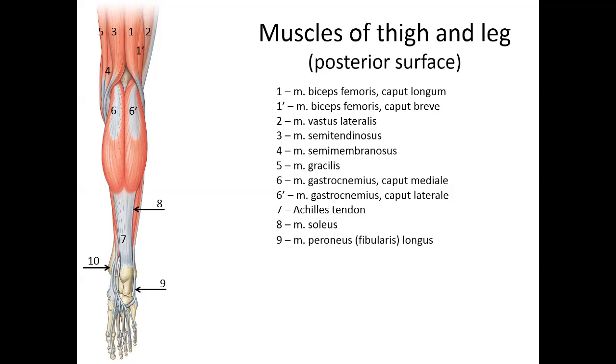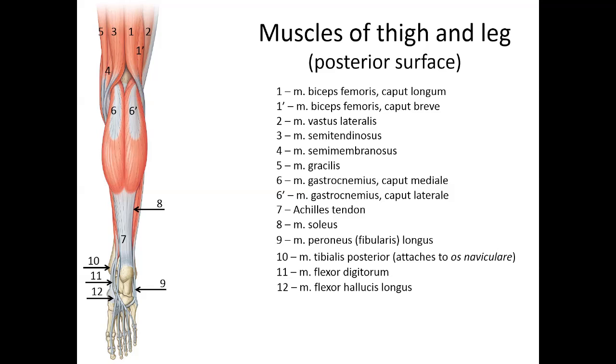Number 10 is the most medial tendon. It's musculus tibialis posterior, which attaches to os naviculare. Here it is, its attachment to os naviculare. Musculus tibialis posterior. Then, more laterally, the next tendon, number 11, what is it? It's musculus flexor digitorum. And then number 12 is musculus flexor hallucis longus.